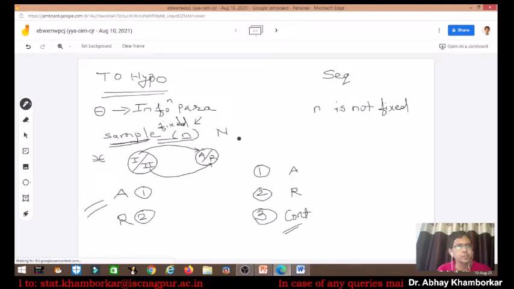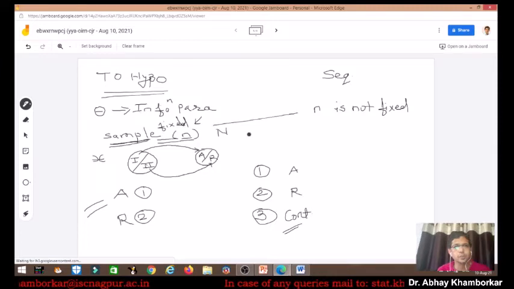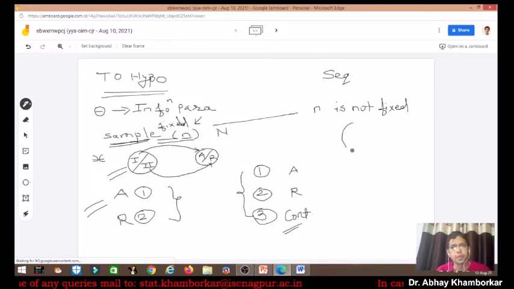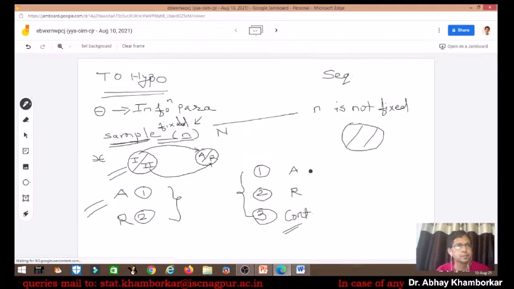That is one difference between the two. You can see that here n is fixed, here n is not fixed. Similarly, here also there is a difference. Here two possible decisions are there. As far as sequential testing is concerned, three possible decisions are there, and therefore script X, instead of two parts, will be divided into three parts: the acceptance region, or part 1, part 2 and part 3.